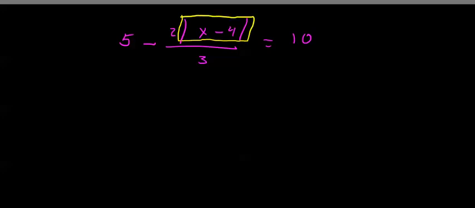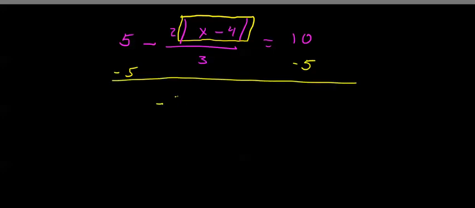So, first thing I'm going to do is subtract 5. And I get negative 2 times the absolute value of x minus 4 over 3 equals 5.